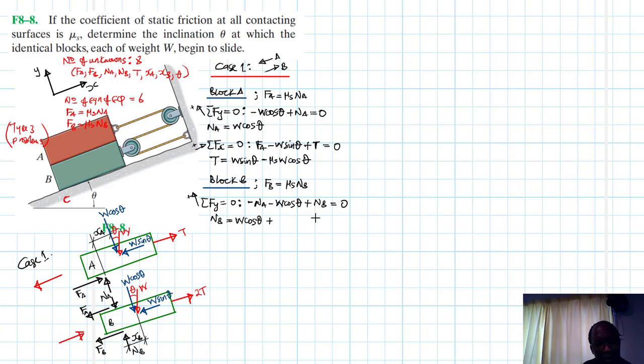Sorry, plus W cos theta. So this is going to be equal to 2W cos theta. So we have NB there, sorry. Then we have summation of forces in the X.